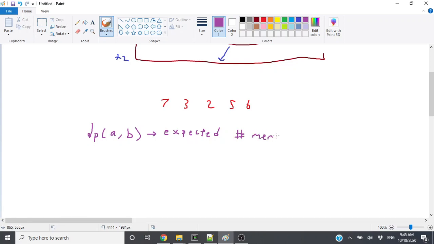Expected number of merges specifically with this element, where you have A elements to the left and B elements to the right. So for example, this will be 1 and this will be 3, and we have, oh wait, no, this should be 2 and this will also be 2.